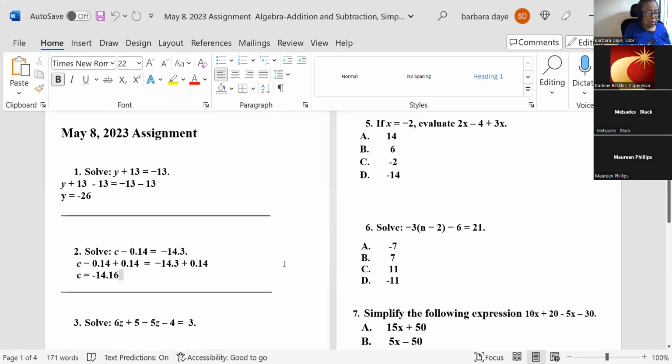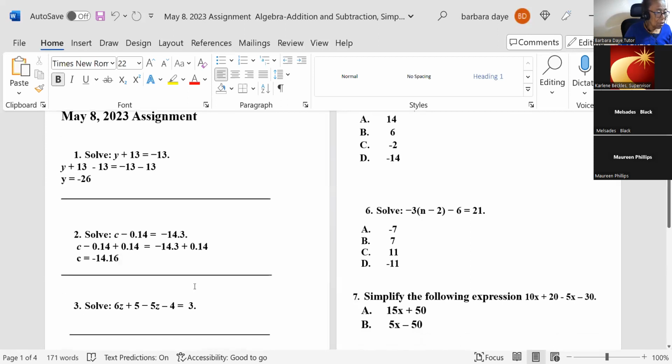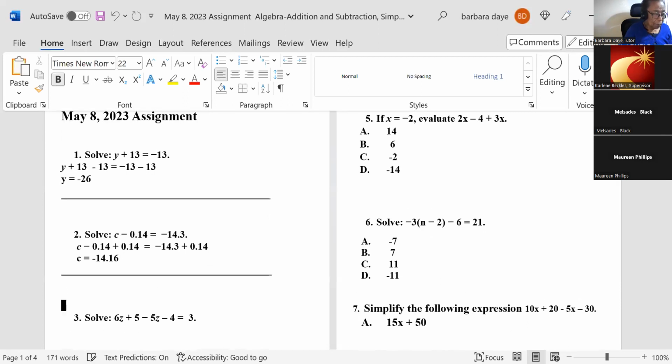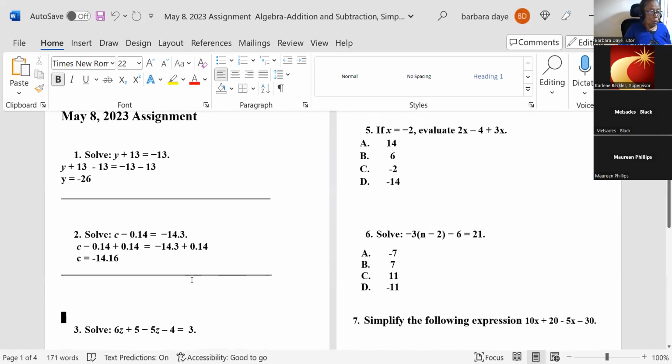So this is a subtraction on this side. Let me just put it here. Okay, so you have minus 14.3, and I'll put a 0 here because I've got a plus.